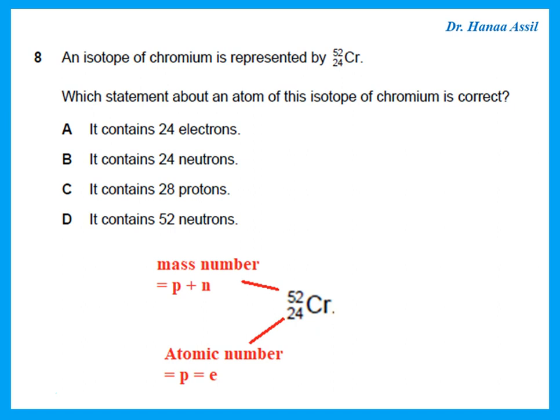The smaller one is the atomic number or the number of protons, and this is usually the same as the number of electrons if the atom did not lose or gain electrons. So if the atom does not have a positive or a negative on it, then the small number is the number of protons, is the number of electrons. So when he says it contains 24 electrons, that is correct.